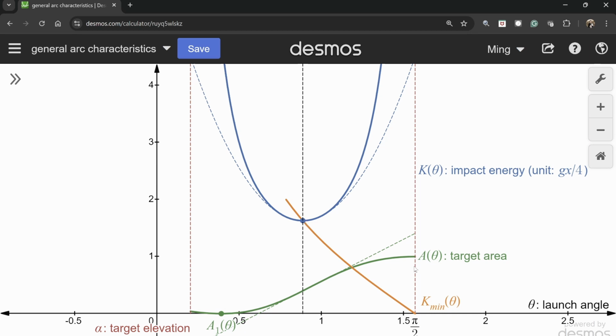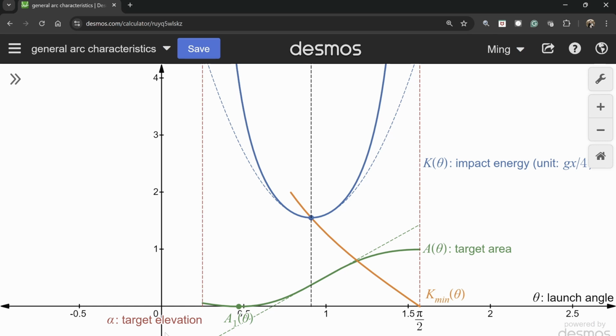The green curve is the graph of the function a theta, which of course cannot exceed 1. That happens only when theta is half pi. Notice something interesting. A theta can be 0. That is highlighted as a green point. This happens when the entry velocity is horizontal.